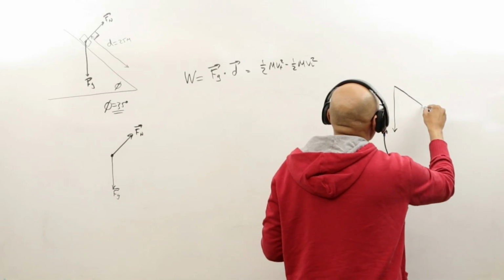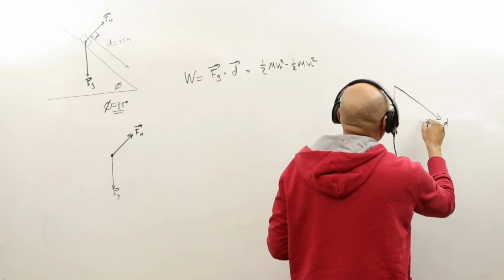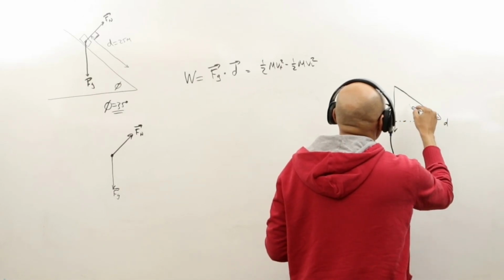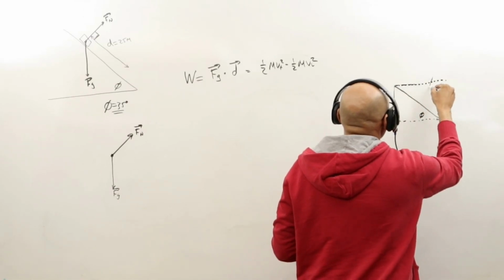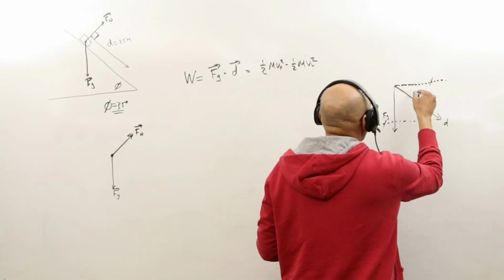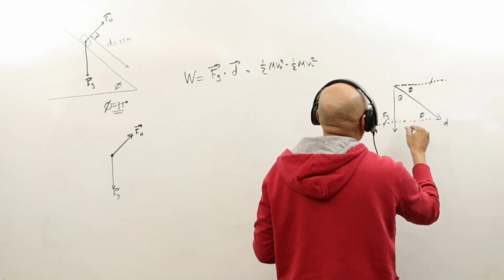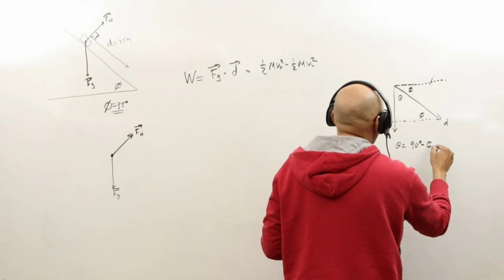Our displacement vector is along the incline, d. We're told that the angle is phi. If you look at parallel lines, this line and this line are parallel, so this angle is phi. So this angle, the internal angle theta, must be 90 degrees minus phi.